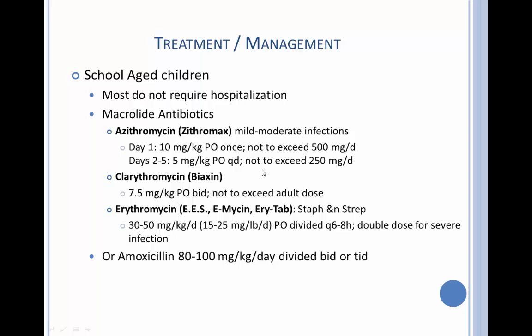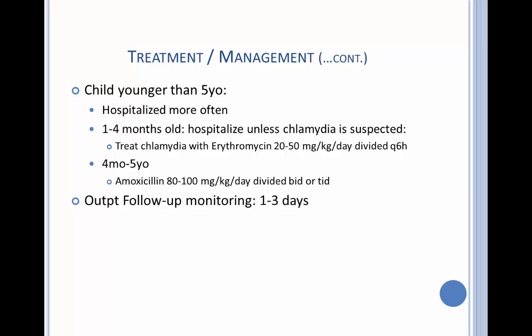Okay, so the guideline for treatment says that, let's come to this one first, if you are a child younger than 5 years of age, then if it's 4 to 5 years, amoxicillin is the best choice. Even up to 5 years, but if you're suspecting chlamydia in this population, erythromycin will be the best.